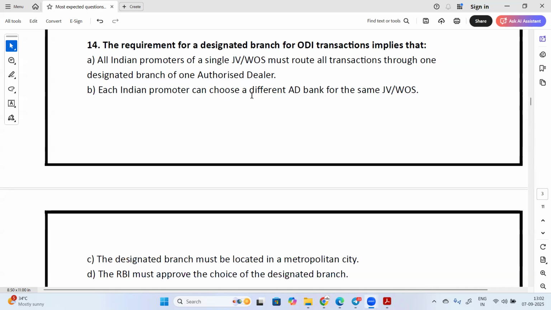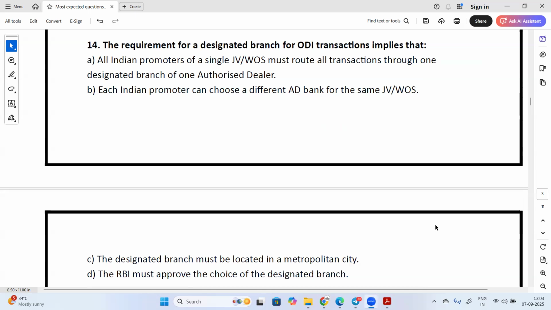Each Indian promoter can choose a different AD bank for the same JV or WS. The designated branch must be located in a metropolitan city. The RBI must approve the choice of the designated branch. So here you have to tell the requirement of a designated branch for ODI transaction.